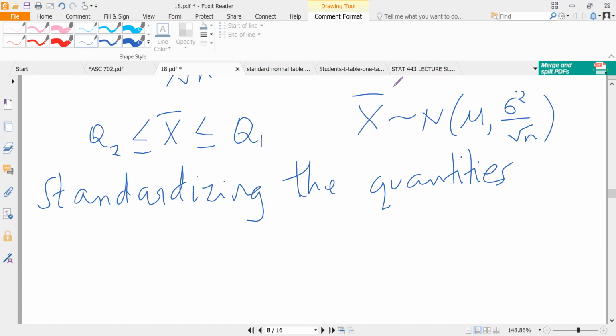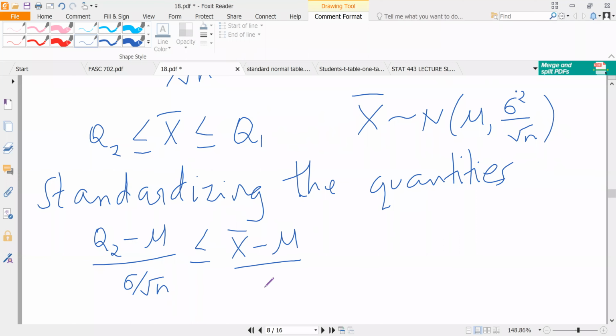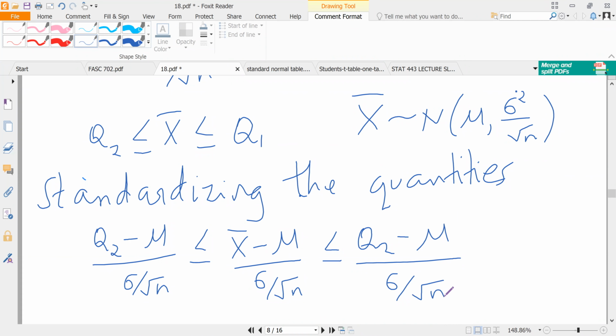So to standardize that, we are going to have Q2 minus mu over sigma over root n less than or equal to X bar minus mu over sigma divided by root n less than or equal to Q2 minus mu all over sigma over root n.